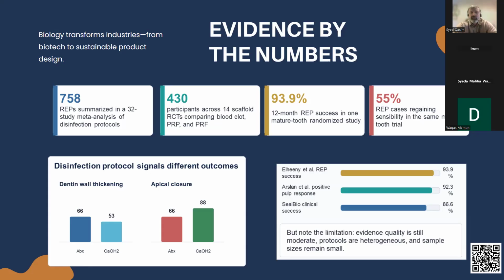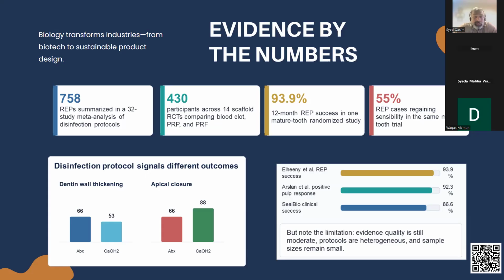So while calcium hydroxide has been used and it has shown excellent clinical results, in this current meta-analysis that I am discussing, in which 32 studies were used, they used antibiotic paste, and what they noticed was that it caused dentine wall thickening.